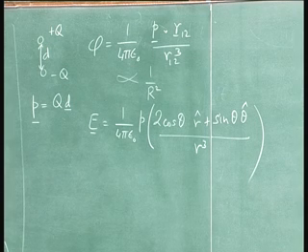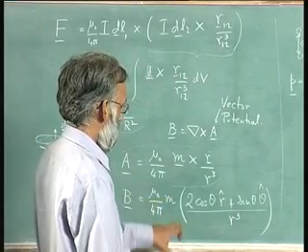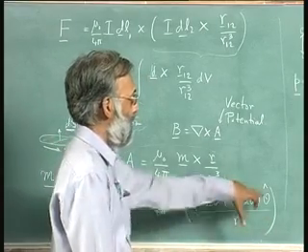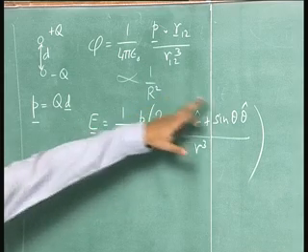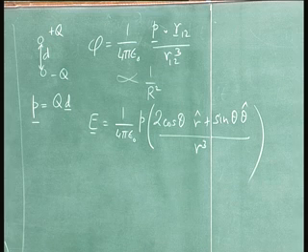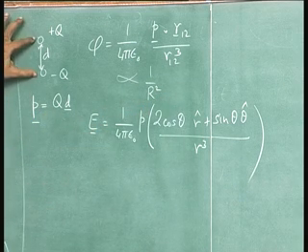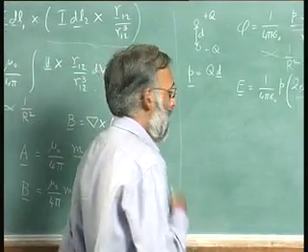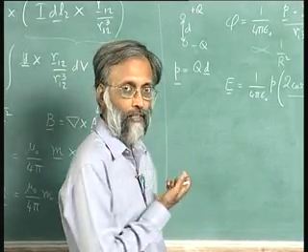Now, I am sure you can see the symmetry between these two equations. B is some multiplying factor times the magnetic moment times a vector function. E is another normalization constant times the dipole moment times the same vector factor. So, both E and B have the same form when you consider that electric field is due to a dipole and magnetic field is due to a ring, which is why magnetic rings, tiny rings of current, are considered to be magnetic dipoles.